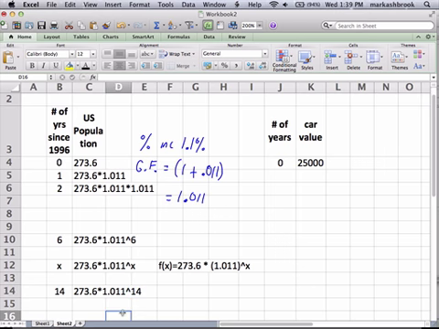So imagine 273.6 times 1.011 times 1.011 times 1.011, 14 times, once for every year. That's how that function works, because when you plug 14 into this, you get 273.6 times that thing multiplied together 14 times. So f of 14 is just exactly that thing that we wrote over here.